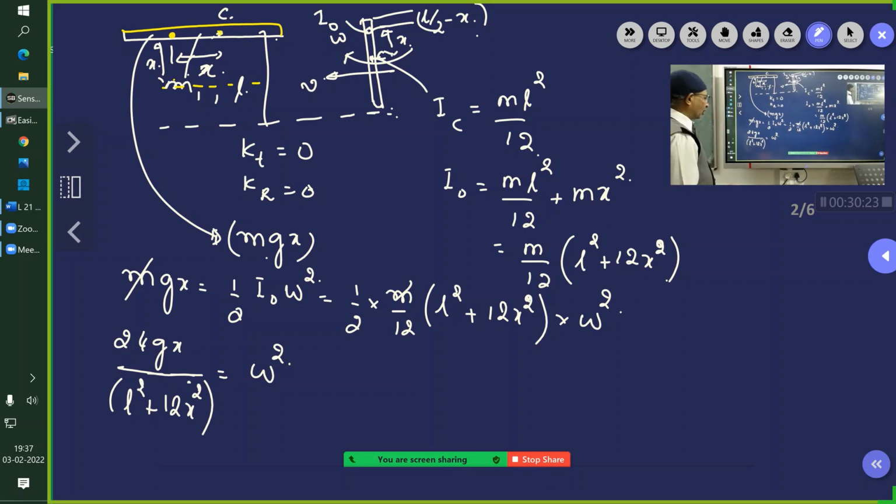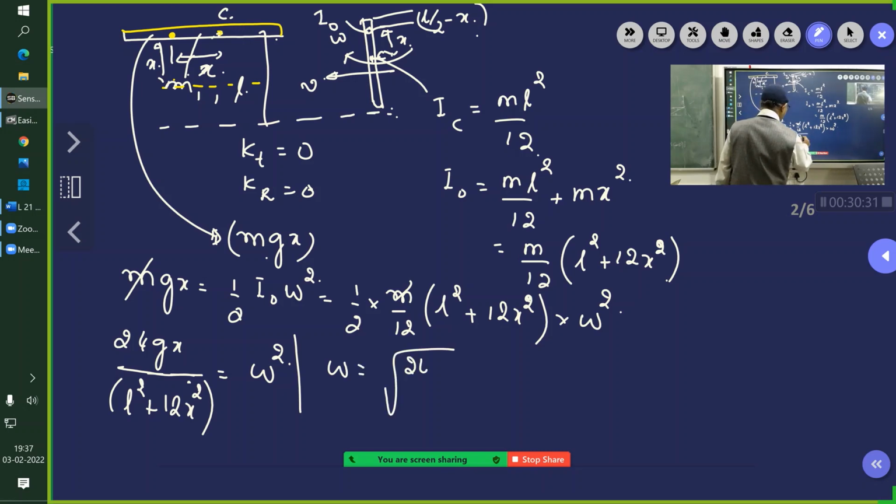So now you have an equation for omega equal to root of 24 gx divided by L square plus 12 x square. Question is now you should differentiate this because they have asked what is the maximum omega.